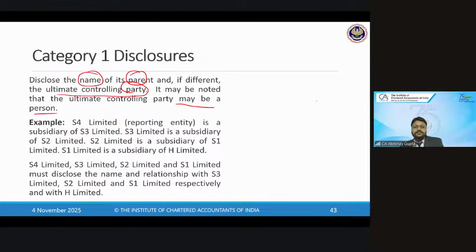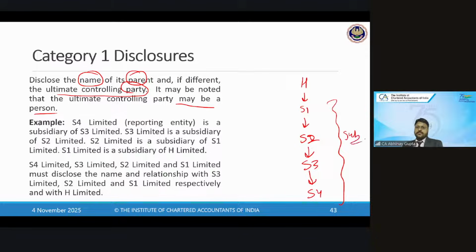Let's do the example. So, H Limited, S1, S2, S3, and S4. All these are subsidiaries. S1 has an S2 subsidiary, S2 has an S3 subsidiary, S3 has an S4 subsidiary, and H is the ultimate parent of all these subsidiaries.